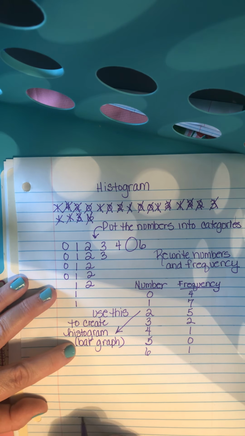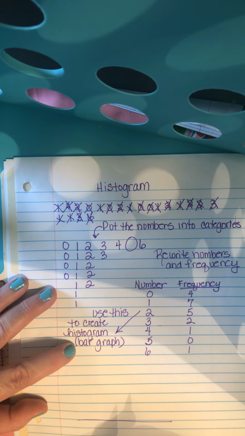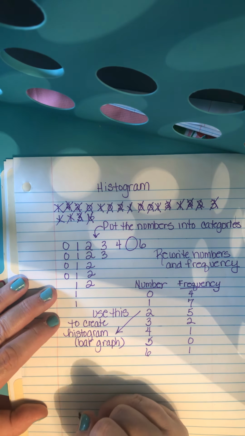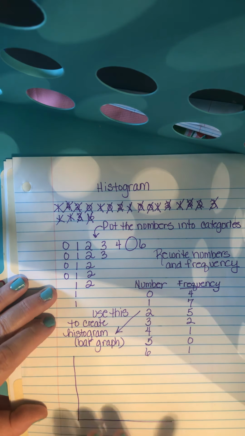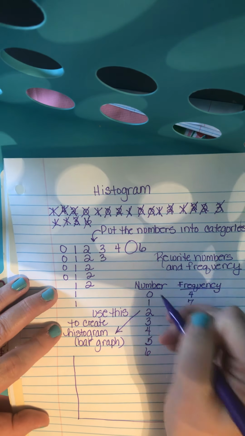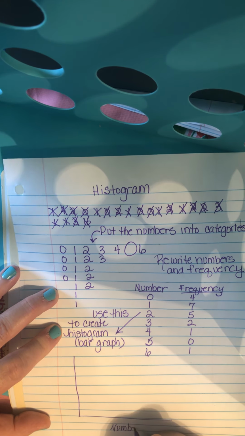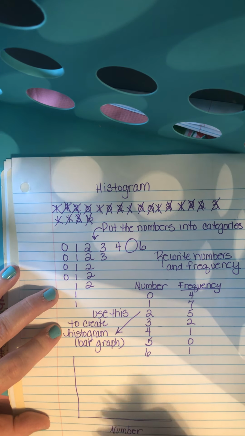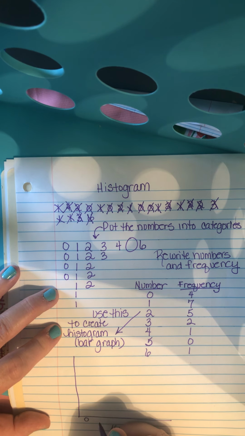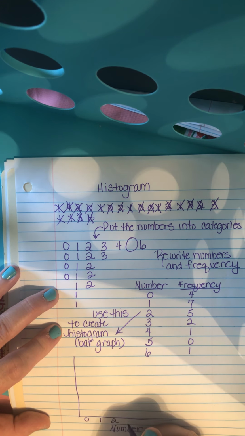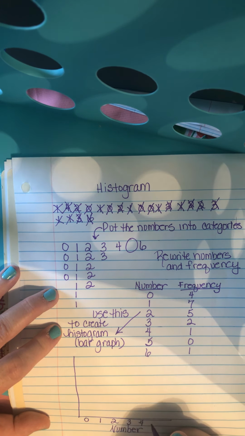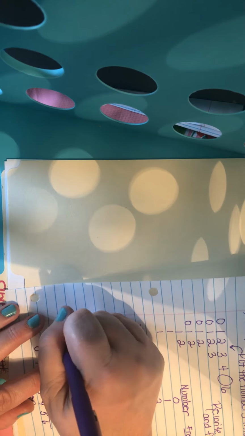So we're going to draw our horizontal axis, then our vertical. Down here is going to be the numbers, so it's going to be 0, 1, 2, 3, 4, 5, 6. Over here is going to be the frequency.